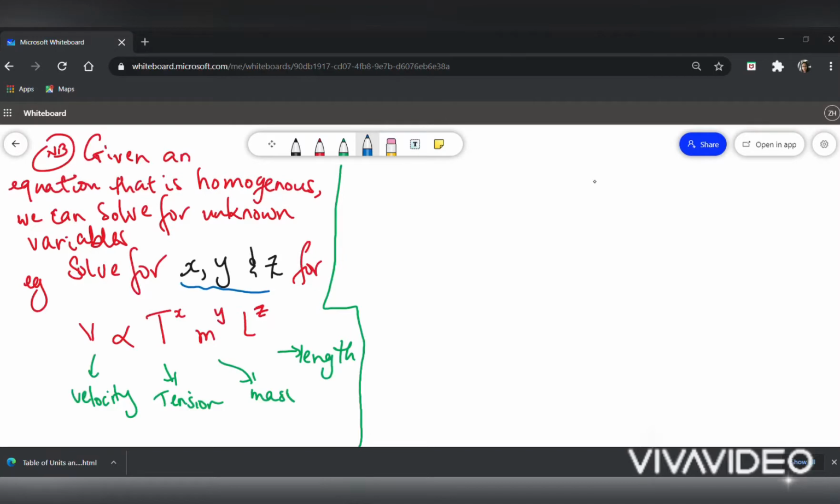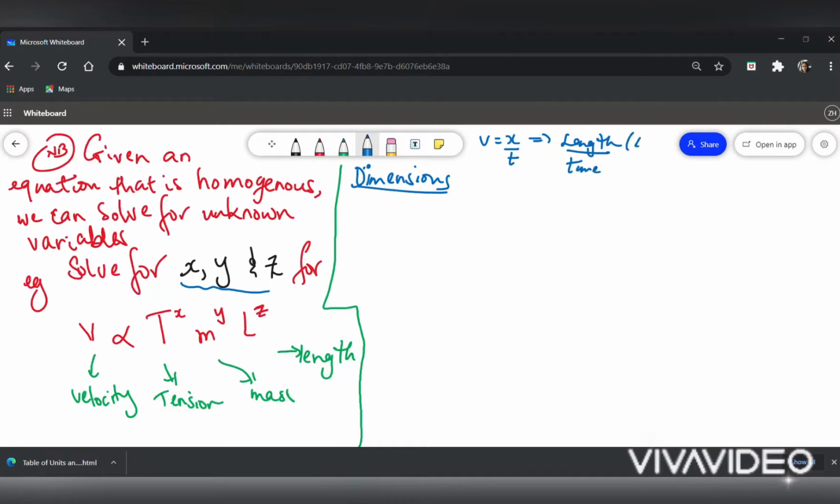So in this question, we're going to use dimensions, just to make sure we are okay with using both dimensions and units. So going back to what velocity is, by definition, velocity is displacement over time, but displacement is still a length, and that's a basic quantity over time.